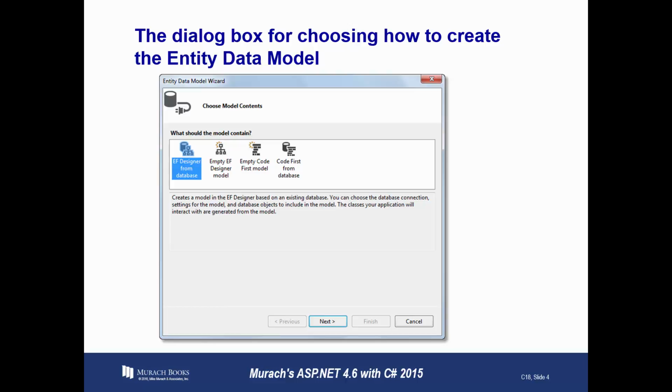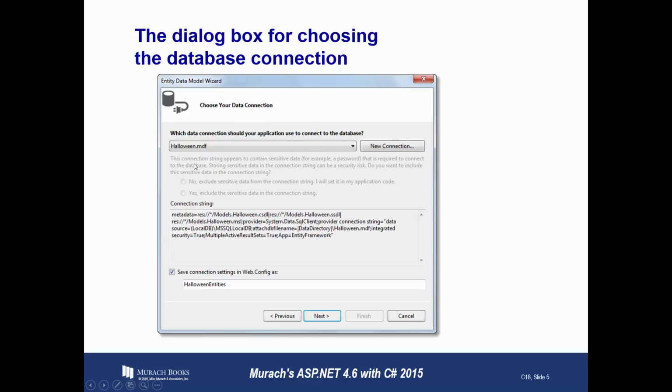This chapter will discuss the EF designer from database and code first from database, and it really doesn't mention much about the other ones. So, assuming that we've chosen the default EF designer from database, that'll bring us to right here. This lets us specify the database connection that we want to use.